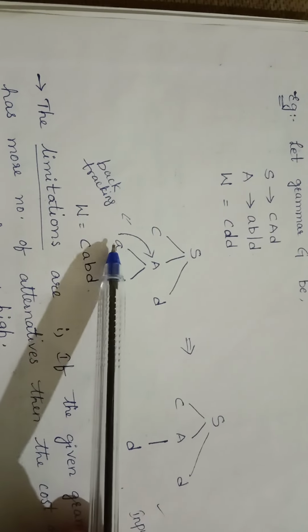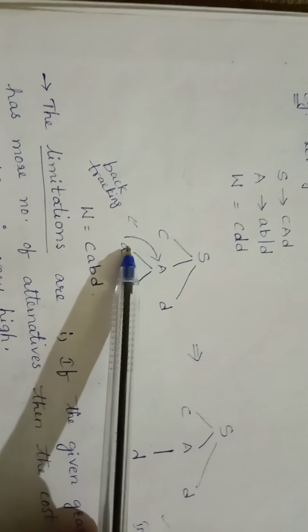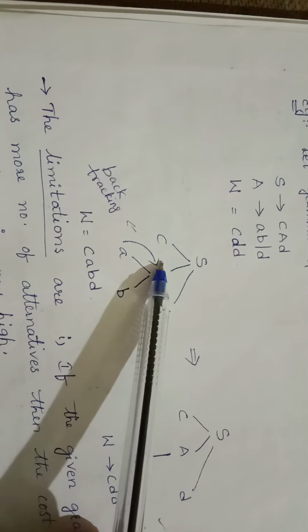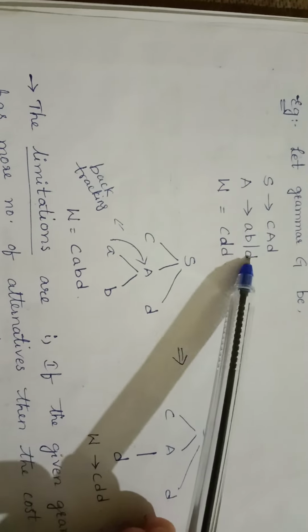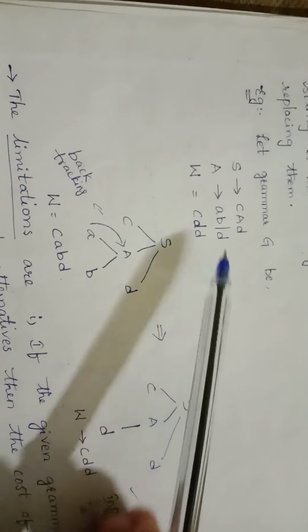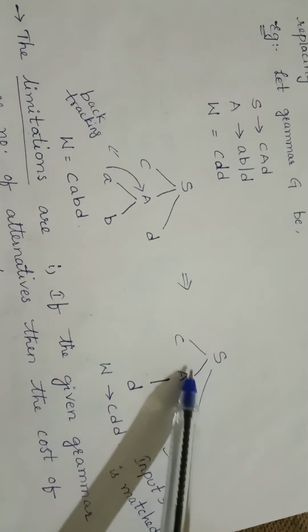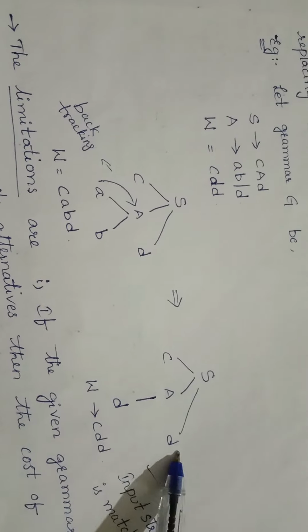So for this, what are we doing here? The problem has arisen. So here we are going back to the given production and using one more rule. That process is called as backtracking. So consider here, in place of AB we are using D. So A tends to D. So the given input string CDD, we have derived.